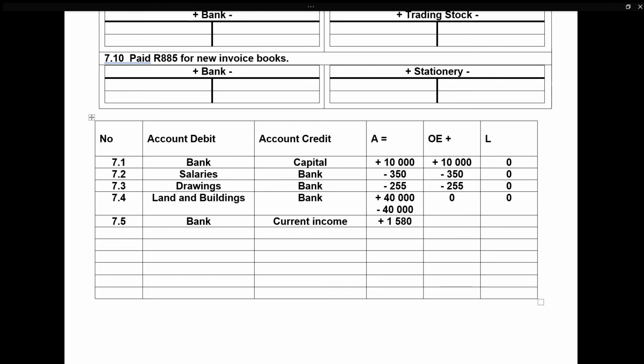Remember, you can also use fee income. But current income will always have a positive influence on my owner's equity. And we did not work with liabilities. So 1,580 will equal 1,580 plus 0. Therefore, we've done this one correctly as well.